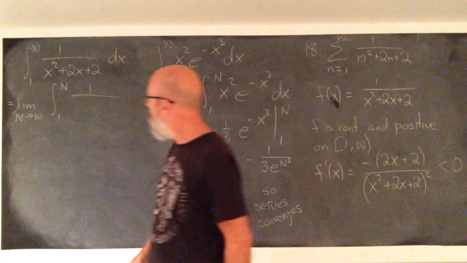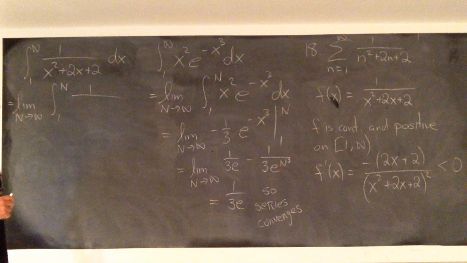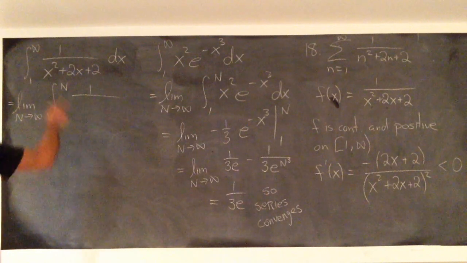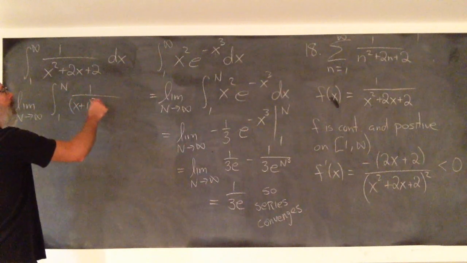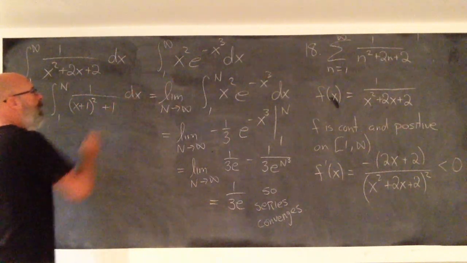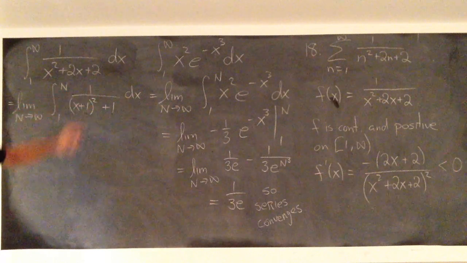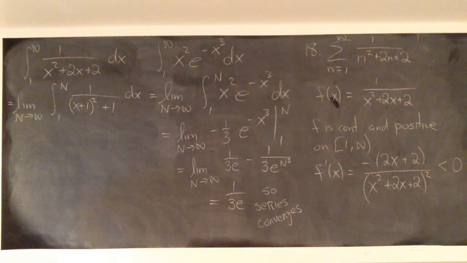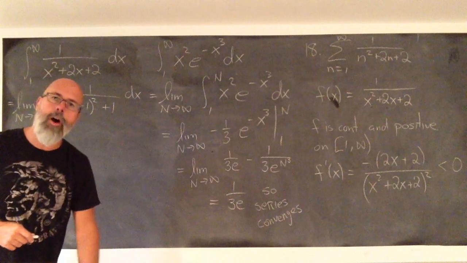Something else needs to be done, and that is completing the square. This is really x plus 1 all squared plus 1. I'll let you work that out. It's obvious: if you square this, you get x squared plus 2x plus 1, plus the extra 1 gives you the 2.